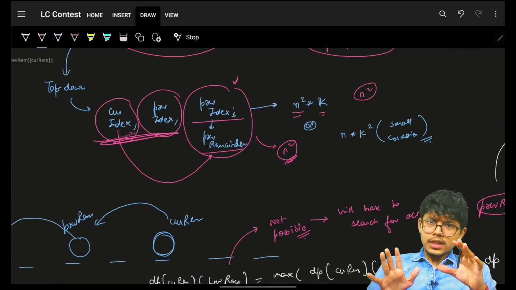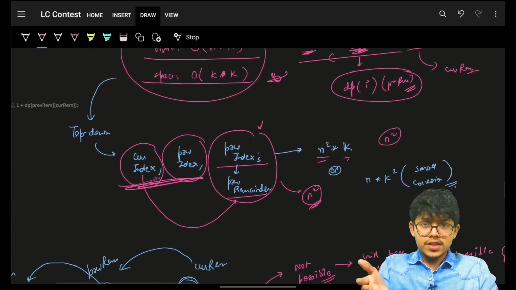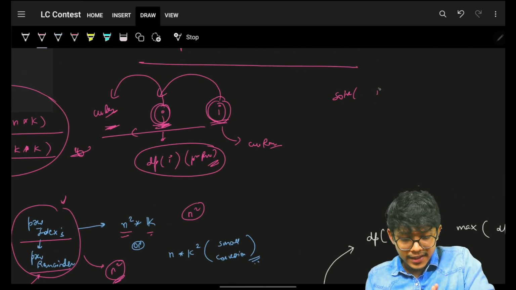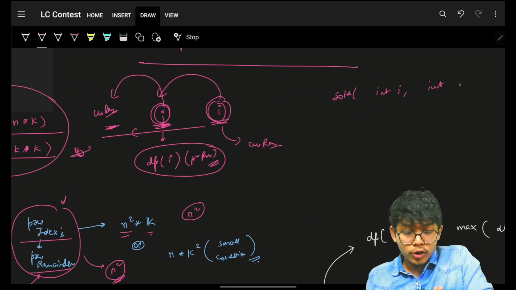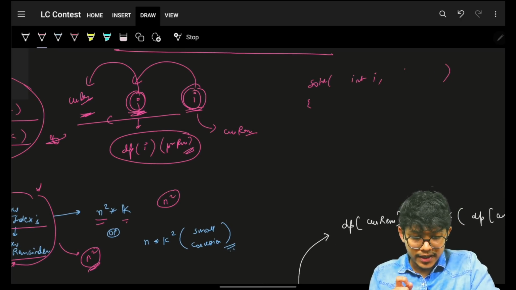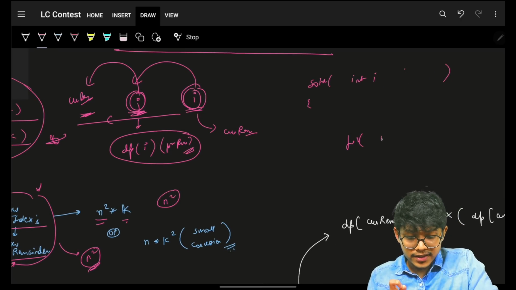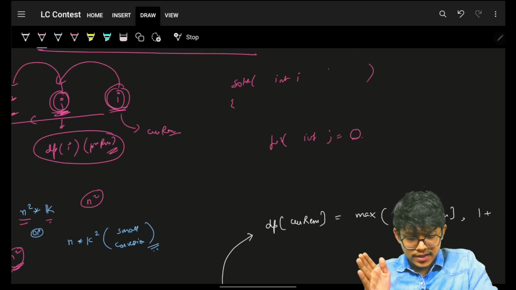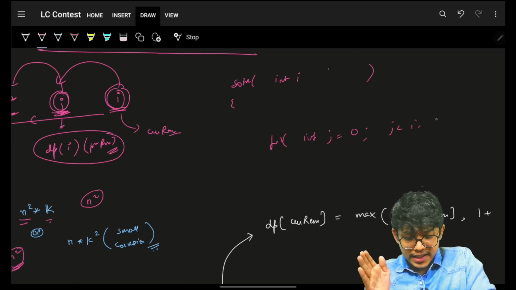Again, if you're wondering, it's a simple top-down code: you are at a specific index i, and you will look for all the previous indexes j. Let's say int j equals 0, j is less than i, and j plus plus.